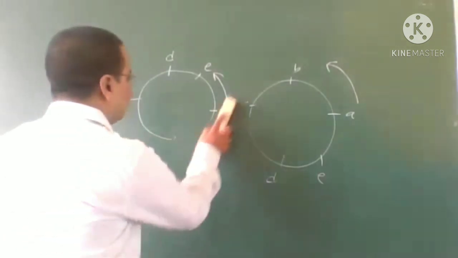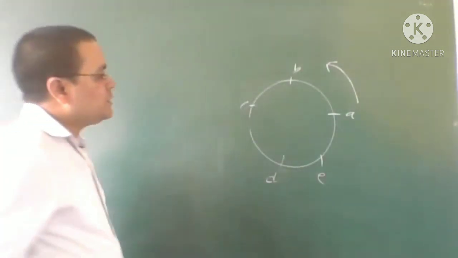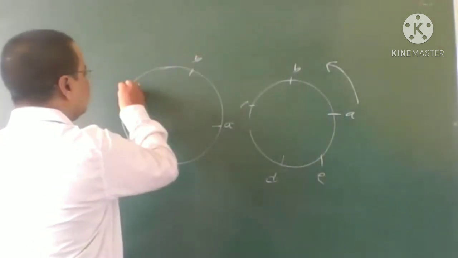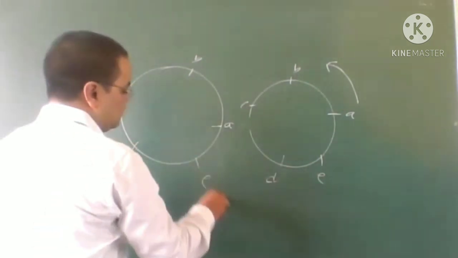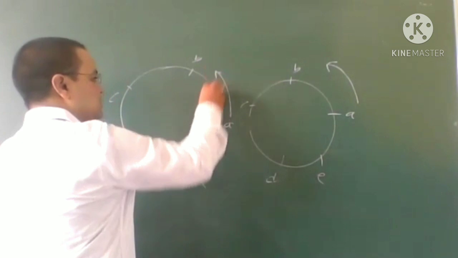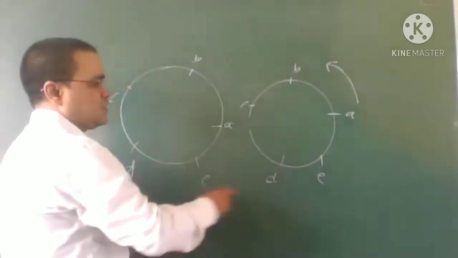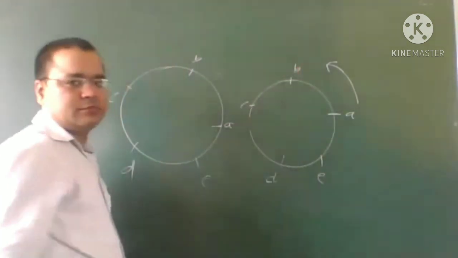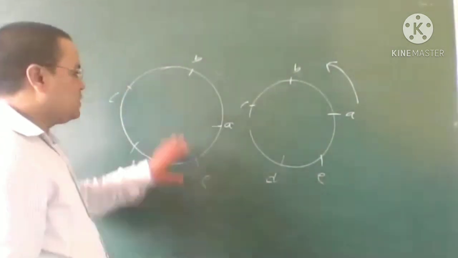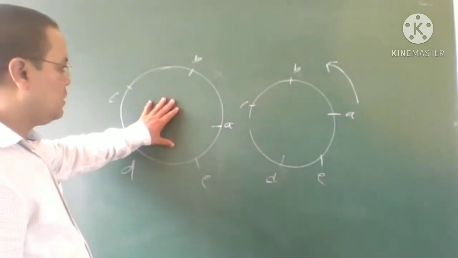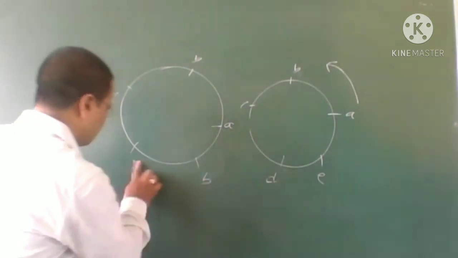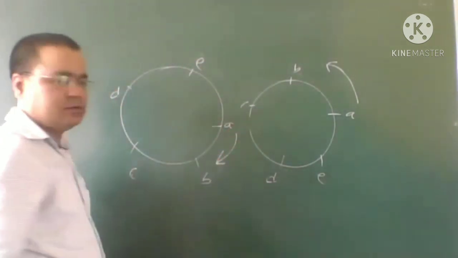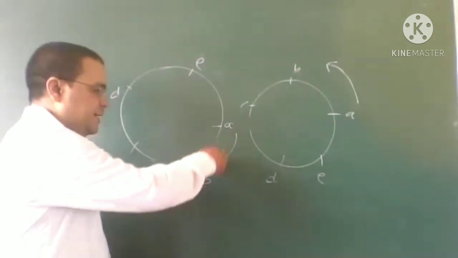Or with the help of the same word we can understand. With the same A, B, C, D, and E, if the person is moving from this side, just right to A is B and left is E. Now from this side, one clockwise and one anti-clockwise.